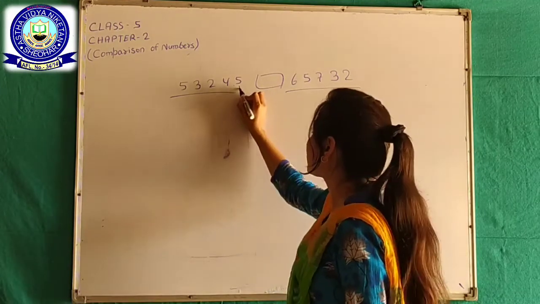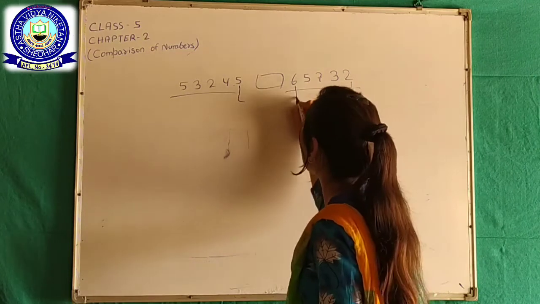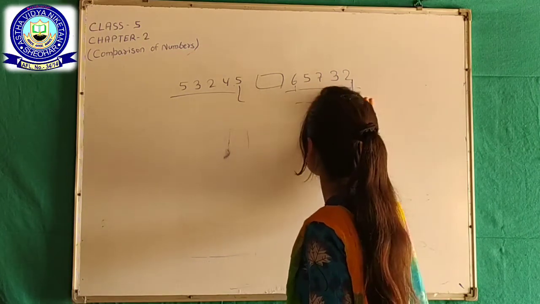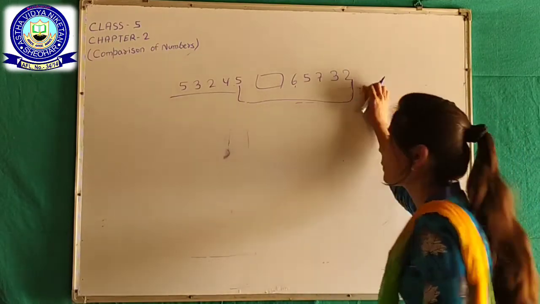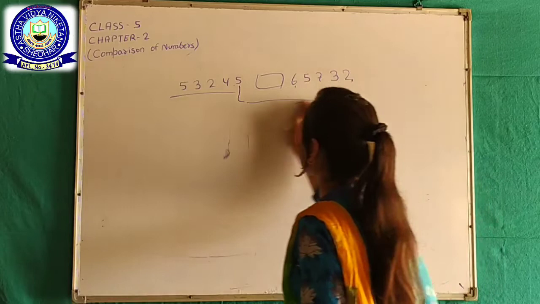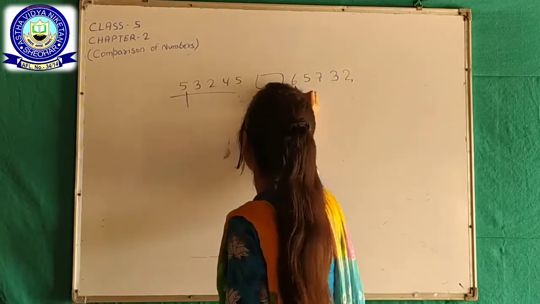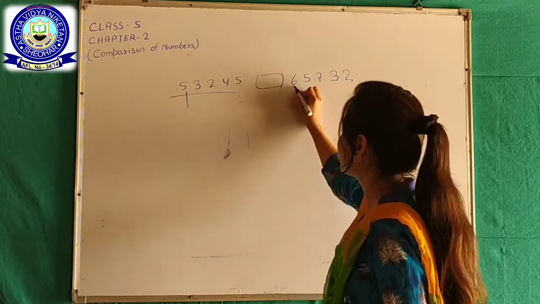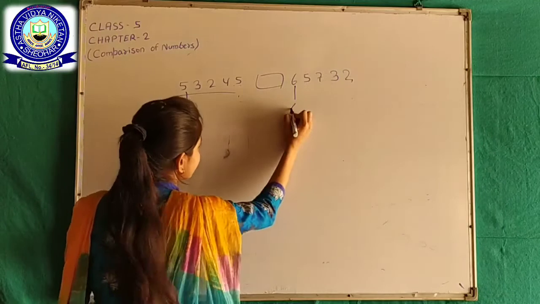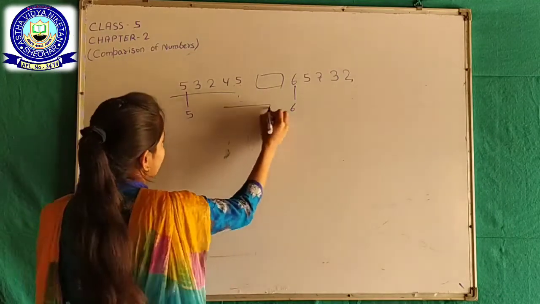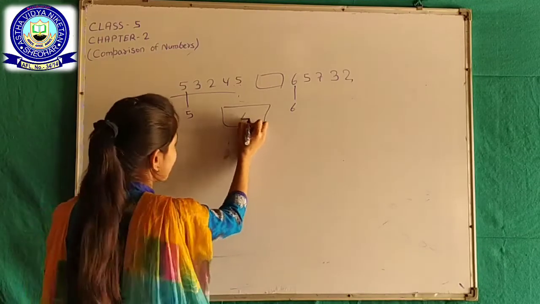We can't compare the digits from here; we have to start comparing from the start, from this side. The first digit of this number and the first digit of this number: here is 5 and here is 6. Between 5 and 6, 6 is greater than 5.